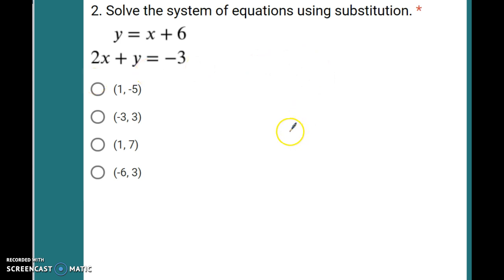In problem number 2, it says solve the system of equations using substitution. So we're taking what y is equal to and plugging that in for y in the second equation. My second equation is now 2x plus x plus 6, because that's what y is equal to, equals negative 3. Combine your like terms.